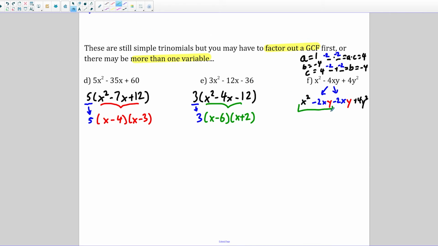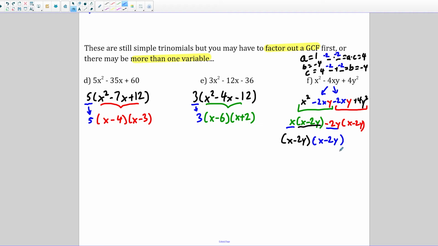I can then factor out the GCF from the first two terms, which ends up being x, and I'm left with x minus 2y. Then I'm going to factor out my GCF from the second pair, which in this case is -2y. And then we're left with x minus 2y inside of the brackets. I can factor out an x minus 2y to the front, and then I'm left with x minus 2y.